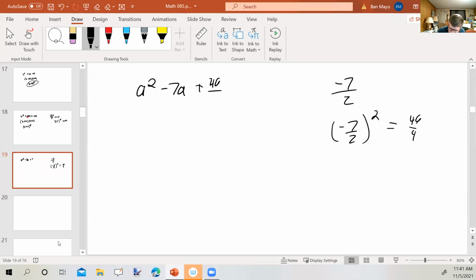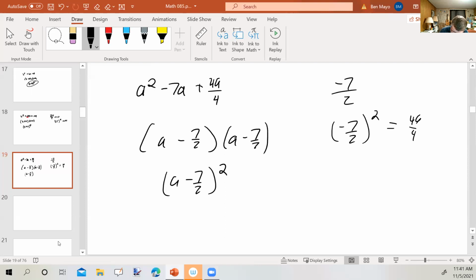And then I add it to that. Now I have a perfect square trinomial that is a minus 7 halves times a minus 7 halves, or a minus 7 halves, the quantity squared. So again, I take this coefficient, divide it by 2, take the result and square it, add it here, and I get a perfect square trinomial.